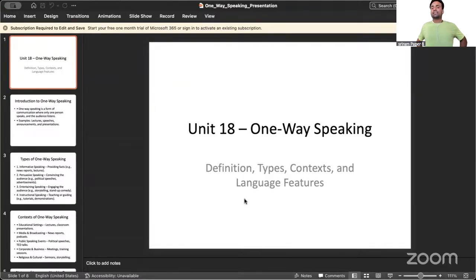One-way speaking is what is happening now. In television also, the newsreader will be reading, and others will listen. That's it.